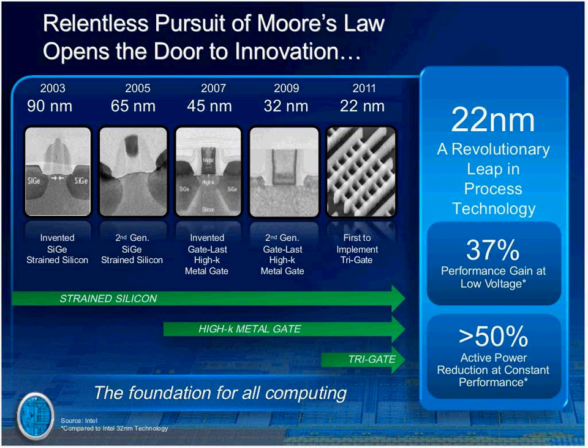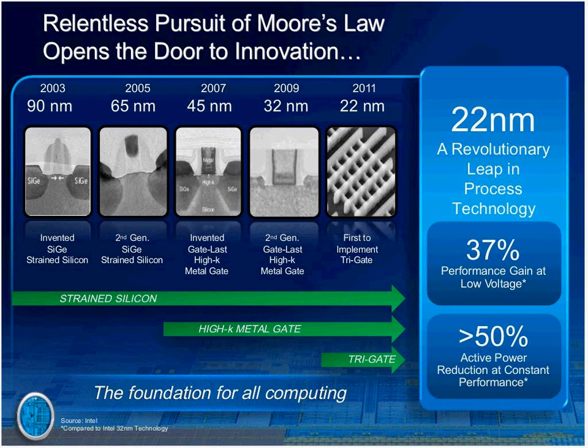These are really, really important advancements because every generation allows us to deliver more computing at a lower power budget. And here with this 22 nanometer generation, we see a 37% performance gain at low voltage, and we're reducing active power by over 50% given constant performance. So this is really foundational.